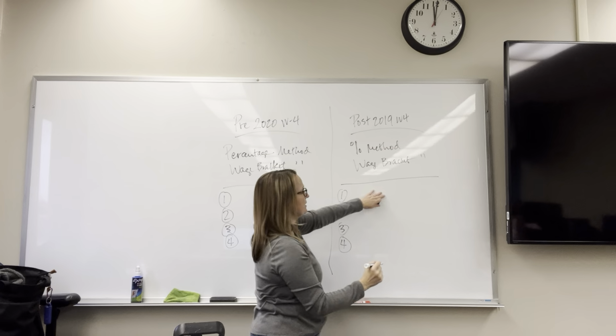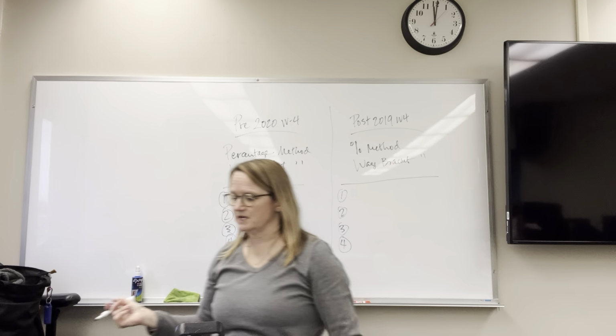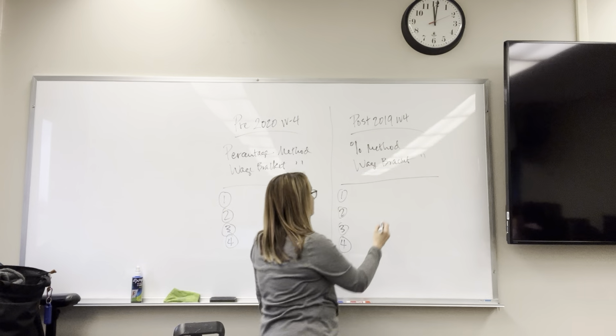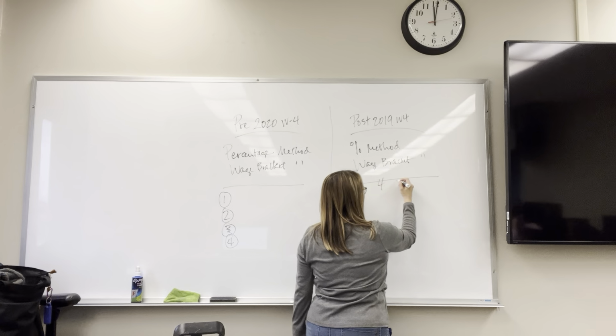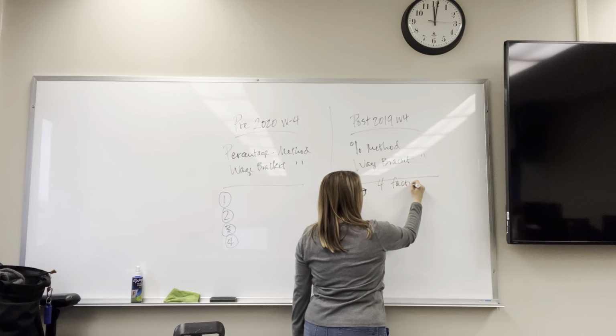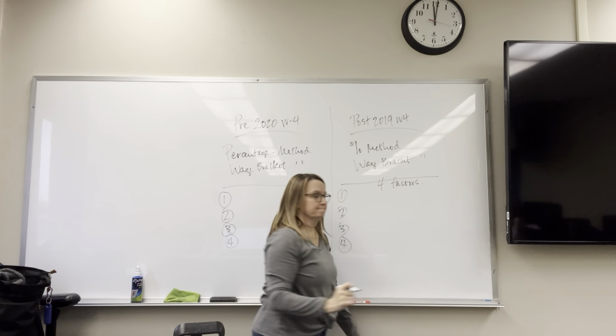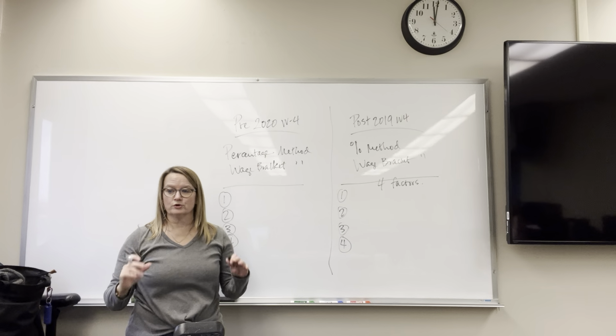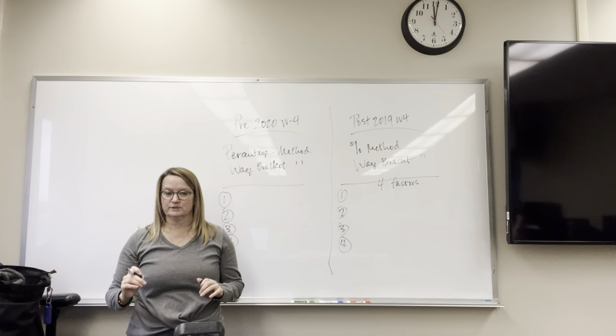Actually, let's talk about the new one first, because we spent most time on looking at that. So these are our 4 factors, 4 pieces of information that we need in order to calculate income tax withholding.